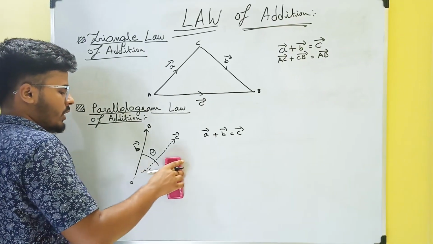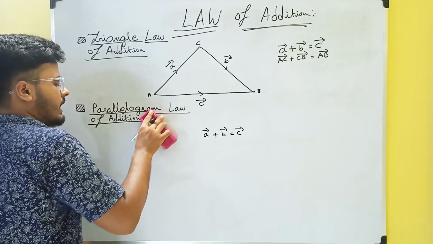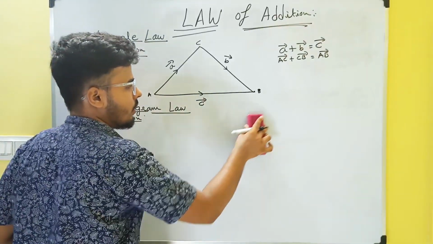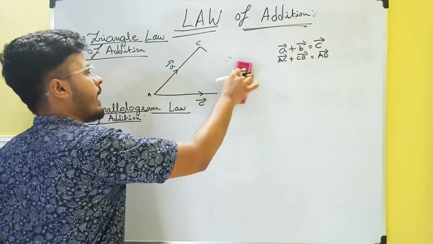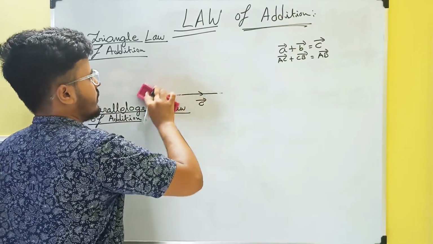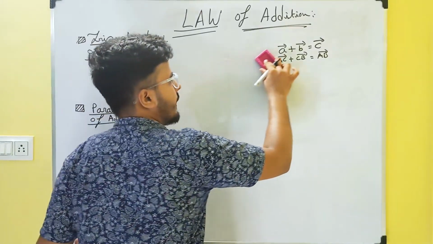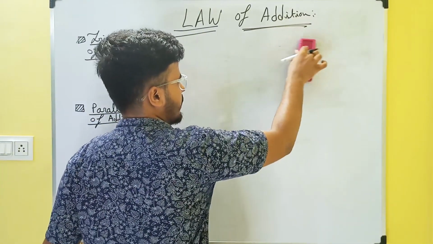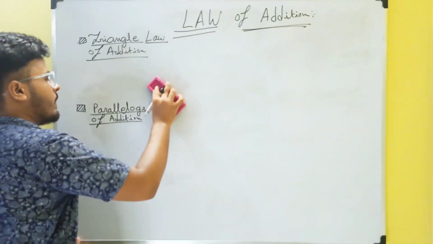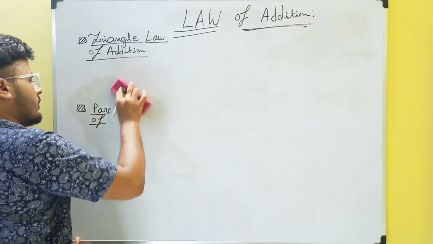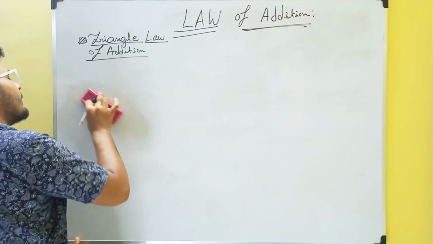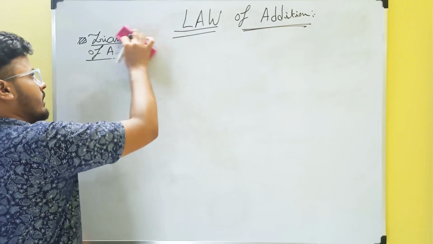Now let's measure the magnitude of the resultant. We can't always calculate the vector part of the resultant; we need the magnitude. To calculate that, we have a process, so let's learn that.